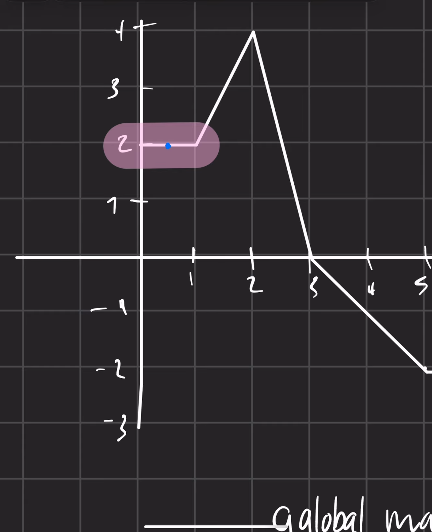But why we don't include the point 1 is because if you go a little bit this way, all of a sudden your function is now increasing. But of course, if you go a little bit this way, you could also say it's a maximum. But since we're looking locally right here, it can only be considered a minimum at that point.